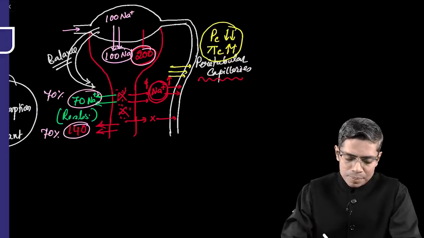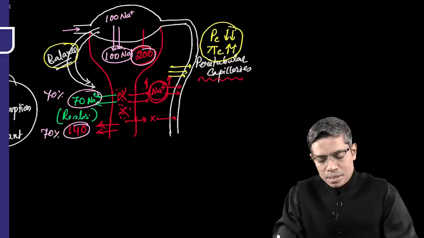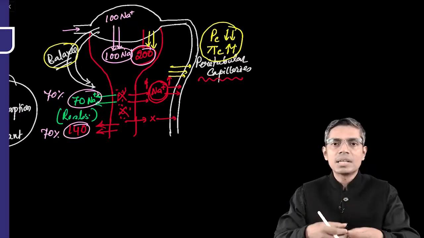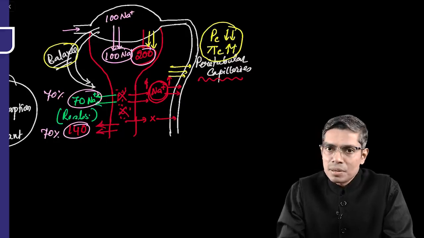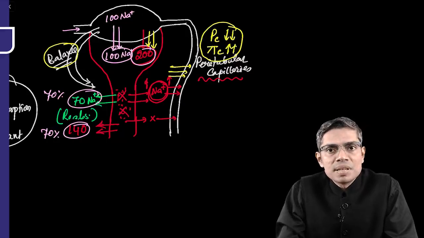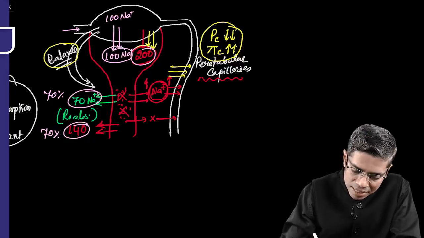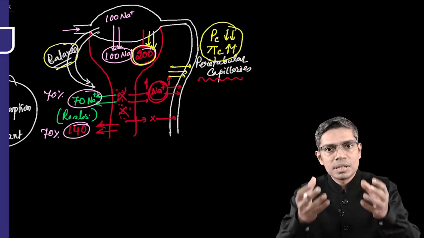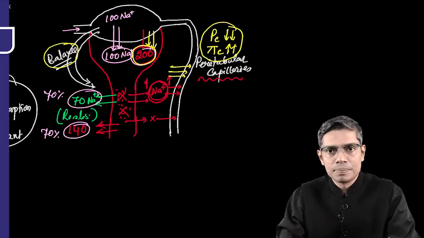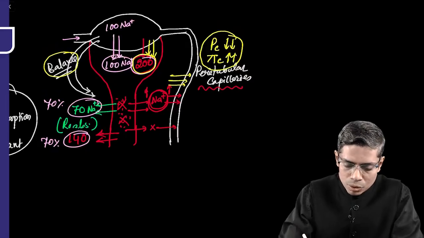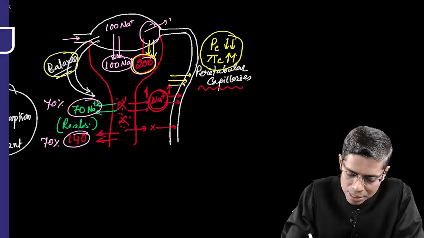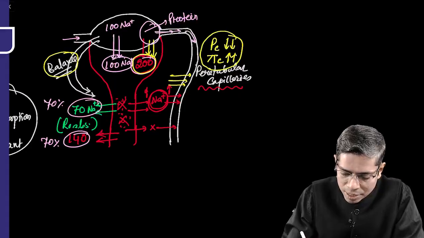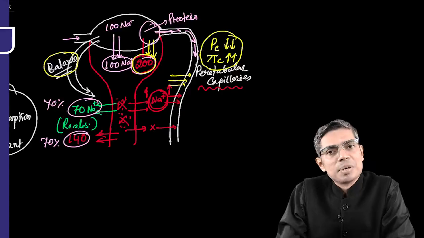Now, in respect to glomerulotubular balance, whenever filtration is increased, it means more water is filtered at the level of the glomerulus. That is the meaning of increase in glomerular filtration, right? So whenever there is an increase in filtration, more water is entering from the glomerular capillary into Bowman's capsule. What will happen to the protein concentration at the level of the efferent arteriole, followed by the protein concentration at the level of the peritubular capillary?